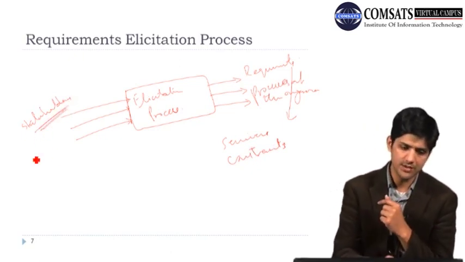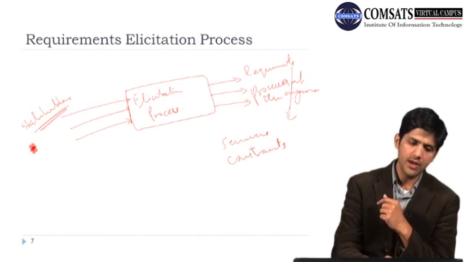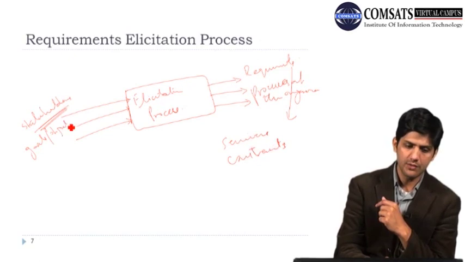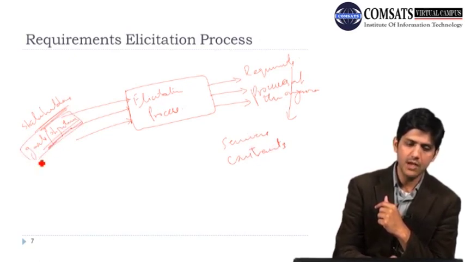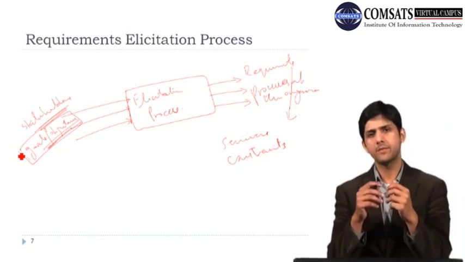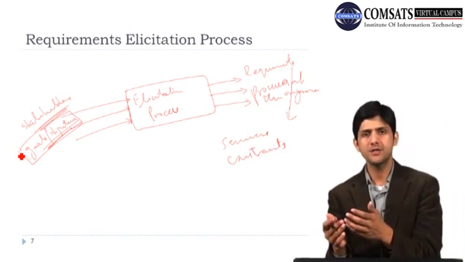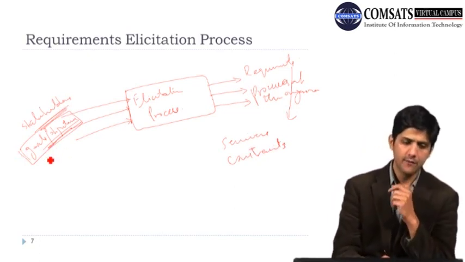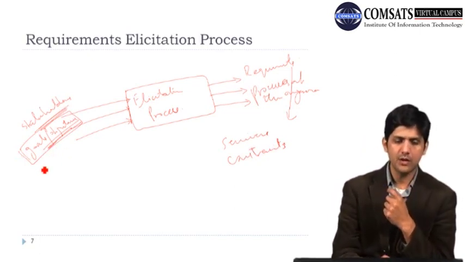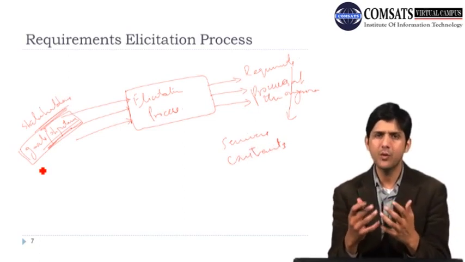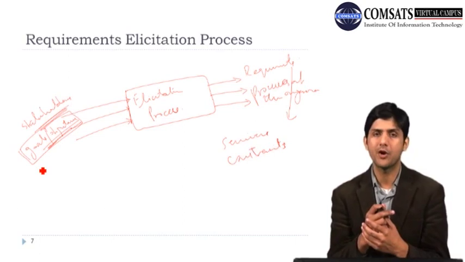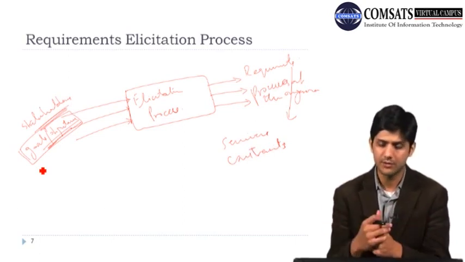Similarly, we have identified the main goals and objectives, so we can tailor our elicitation process according to what the goals and objectives of the client are. And we also know who is the main requester of this particular product, so we can maybe go and talk to them first.